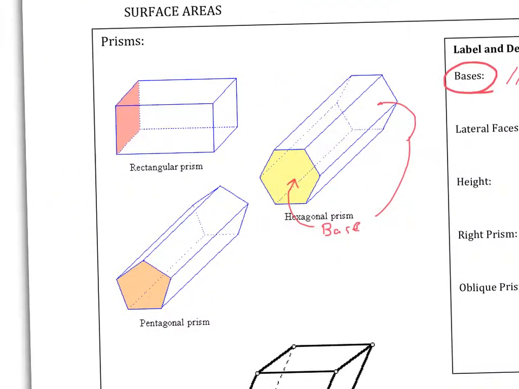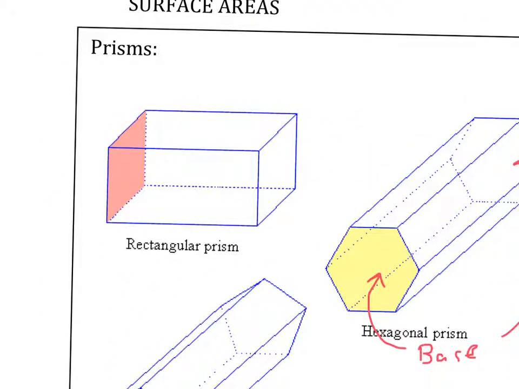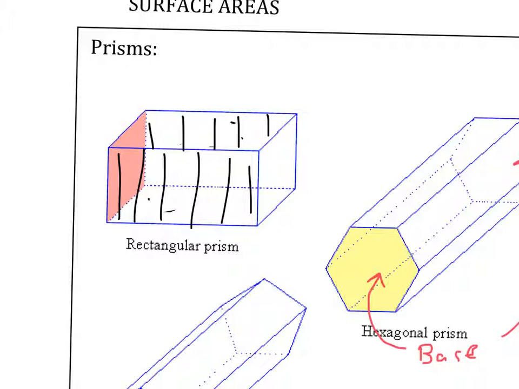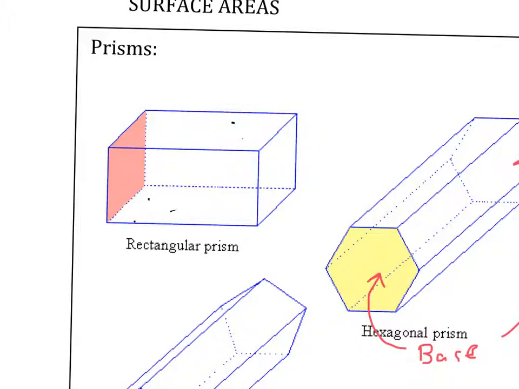However, in this rectangular prism, you have choices. I can call the top and the bottom bases. I can also call the front and the back bases, depending on your perspective. In this case, it seems to imply that the bases are the left and right ones because of the shading there.